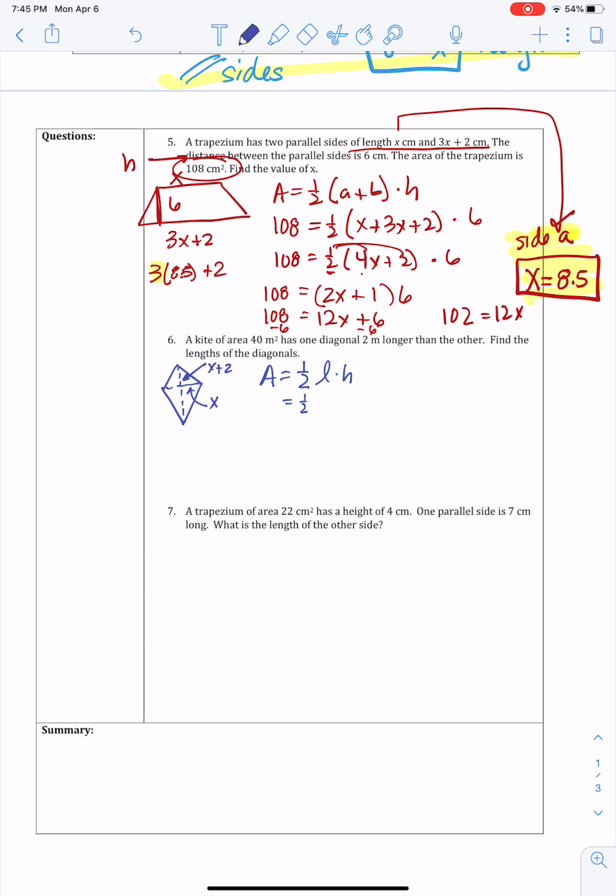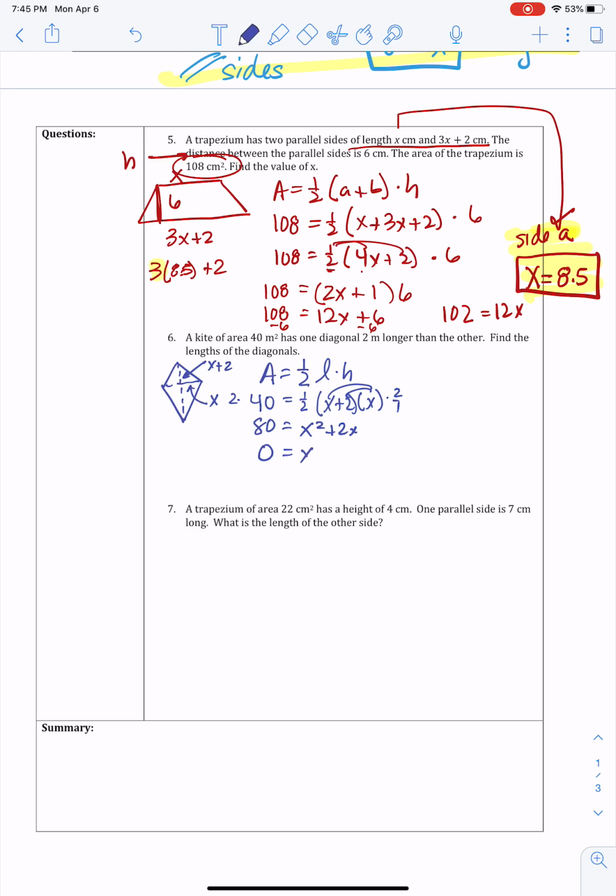So half of x plus 2 times x, and the area, of course, is 40. So we multiply both sides by 2 over 1 to get 80 equals x squared plus 2x when we distribute. That means that 0 equals x squared plus 2x minus 80, because this is a quadratic. Anytime that you end up with an x squared, this is a quadratic. And we have to use the quadratic formula.